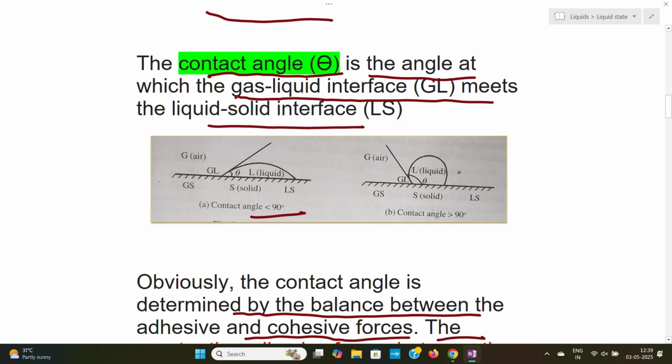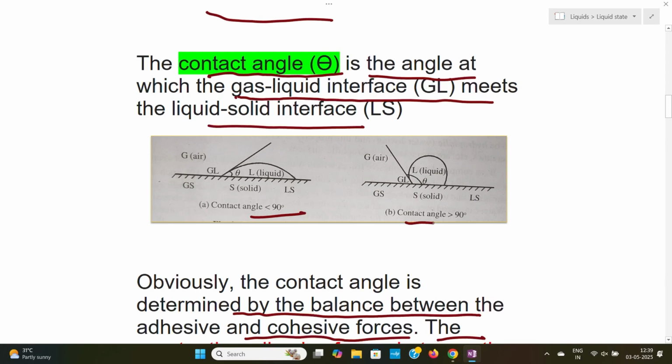That means the adhesive forces between the solid surface and the liquid will be less than the cohesive forces within the water molecules. The cohesive forces within the water molecules are strong. Because the cohesive forces are strong, what will happen?